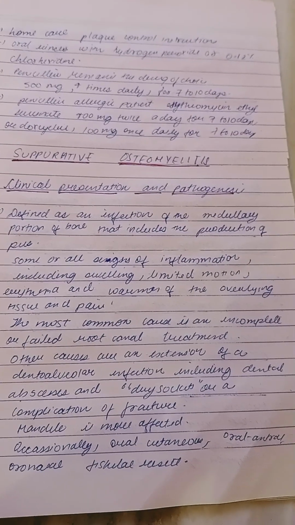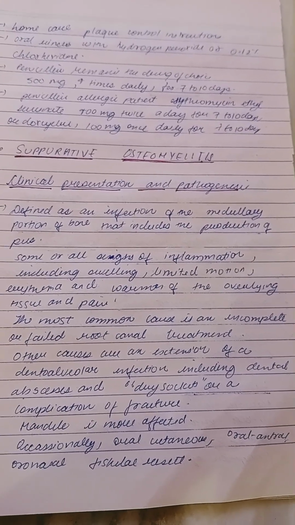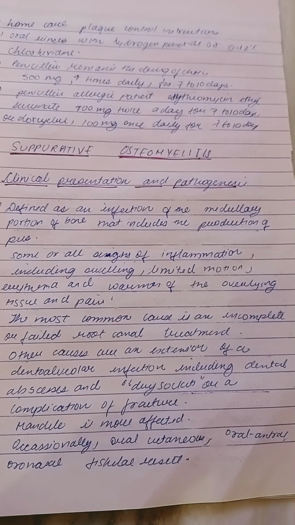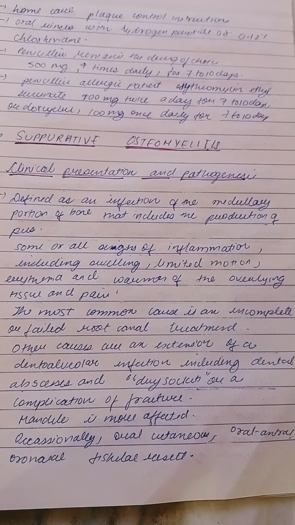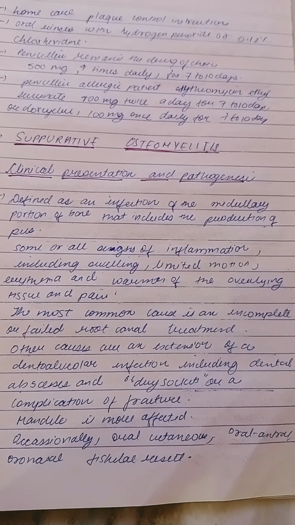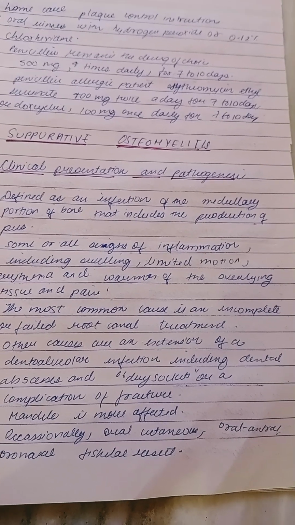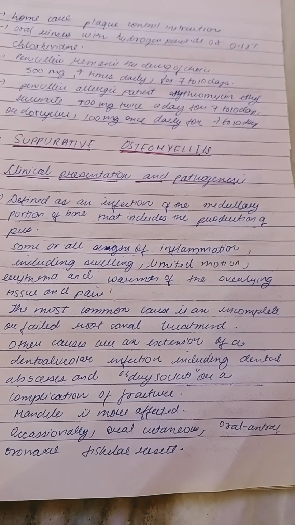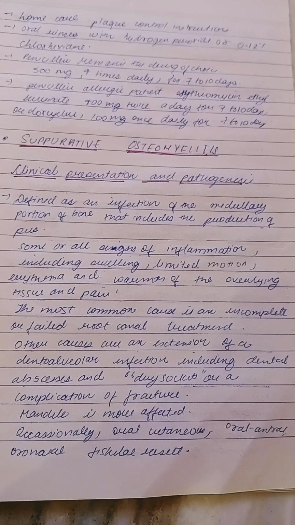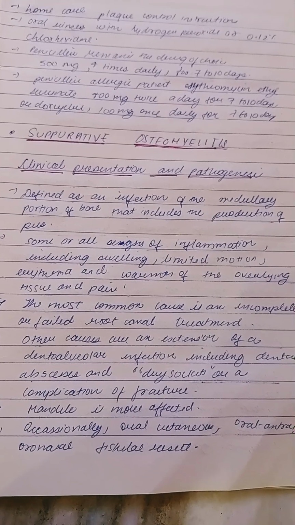The most common cause is an incomplete or failed root canal treatment. So the most common cause of suppurative osteomyelitis is incomplete or failed root canal treatment. Other causes are an extension of a dentoalveolar infection including dental abscess and dry sockets, or complication of a fracture.